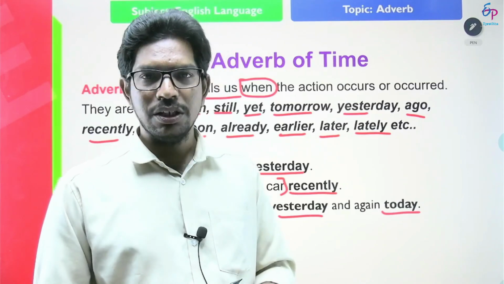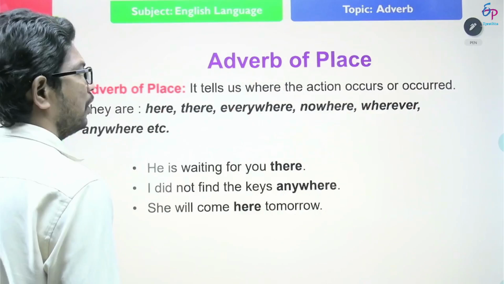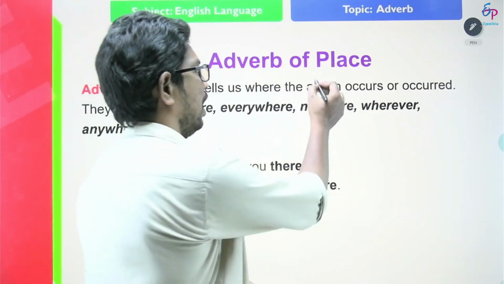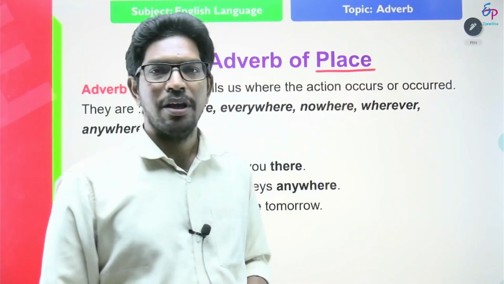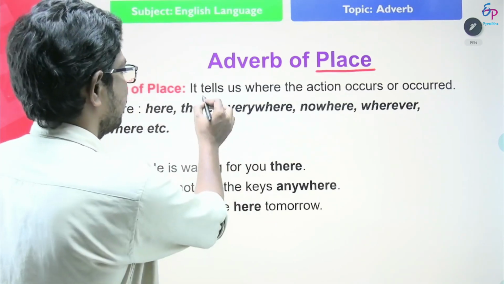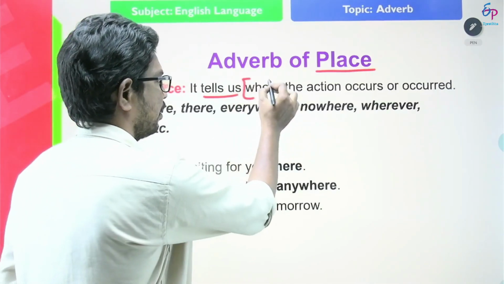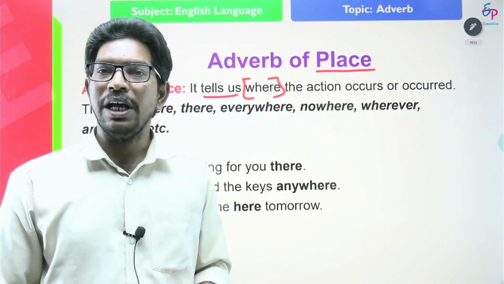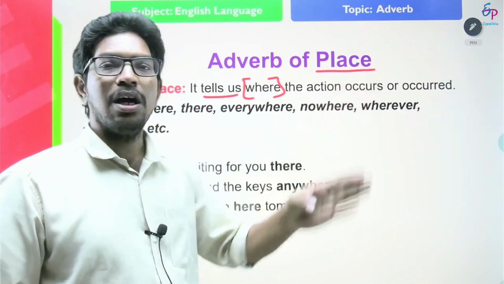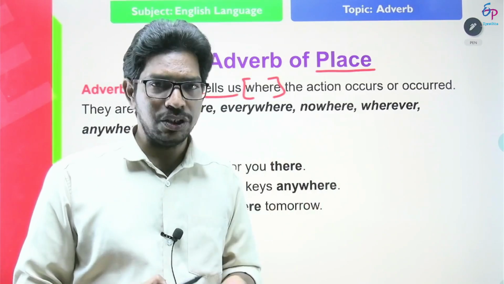So now you clearly understood. Let us discuss another type of adverb, that is place. Adverb of place. It tells us where the action occurs or occurred. Adverb of time tells us the time when the action occurs or occurred.